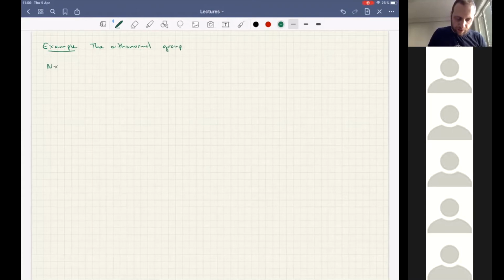So we take real n by n matrices that satisfy the following relation, so that A multiplied by the transpose of A is the identity. Or, equivalently, the inverse of A is its transpose.